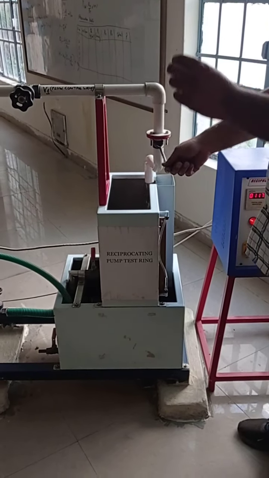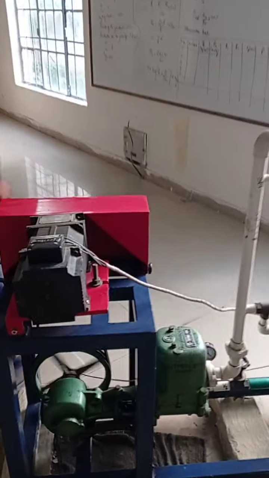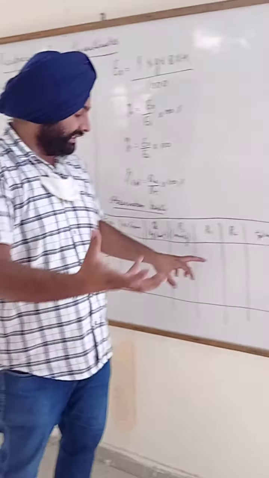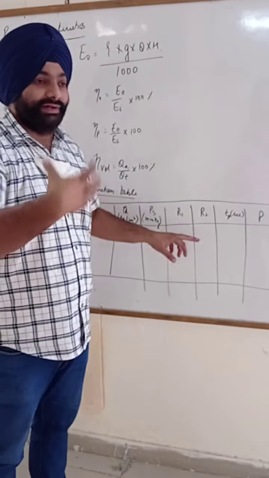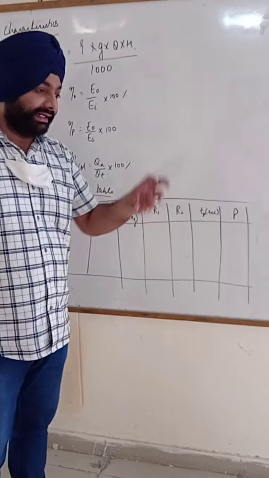So then R1 will be 5 centimeters and R2 will be 10 centimeters. So this is R1, the initial value of the measuring tank, and R2 is the final value of this measuring tank.